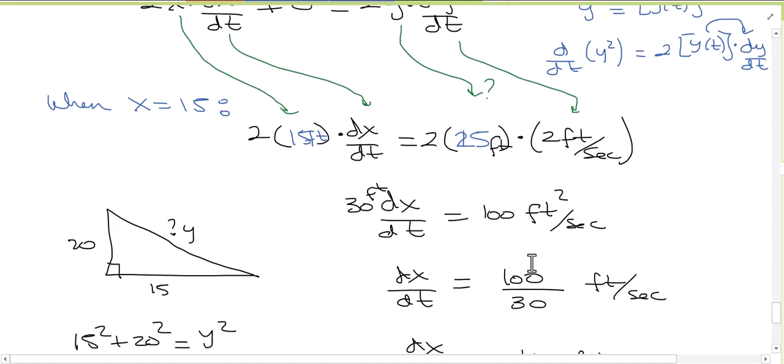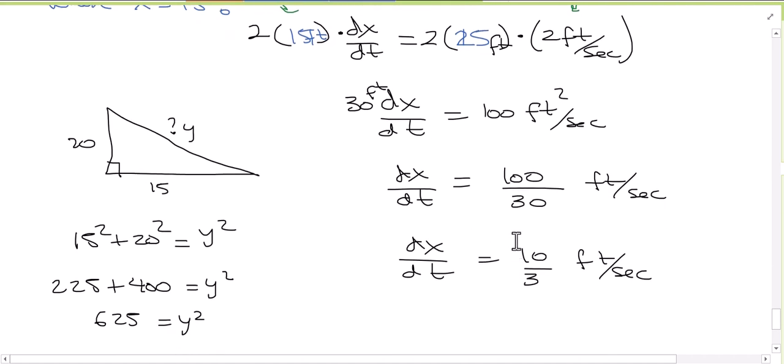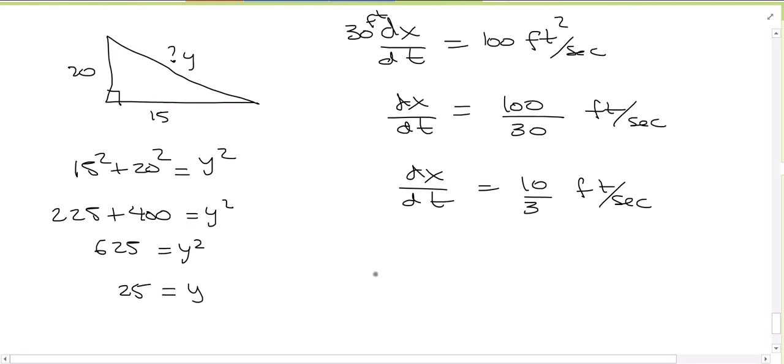So when I divide by the 30 to solve for dx/dt, I will have a negative, and that's okay. Without doing the negatives, you still get the absolute value of the rates of change.